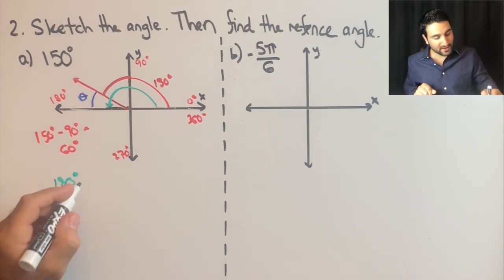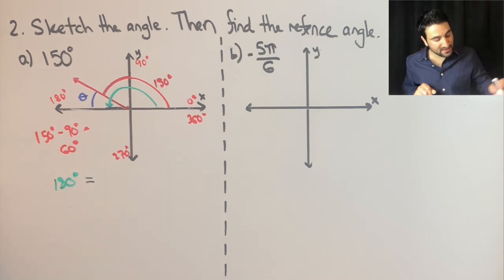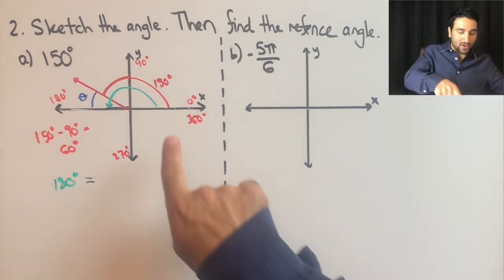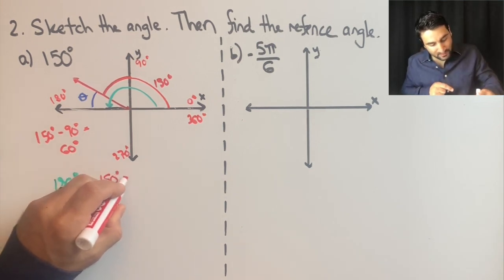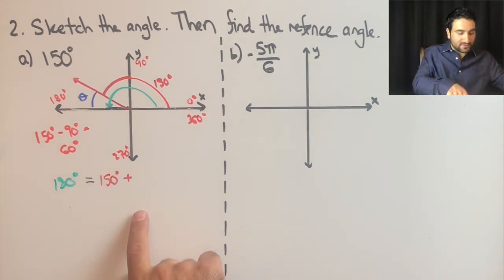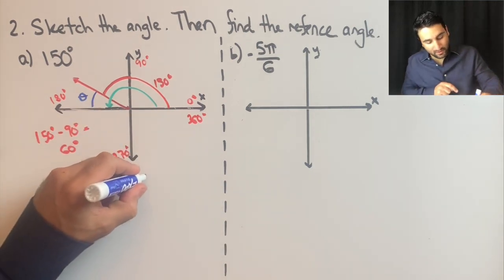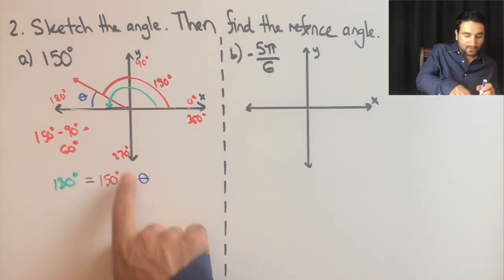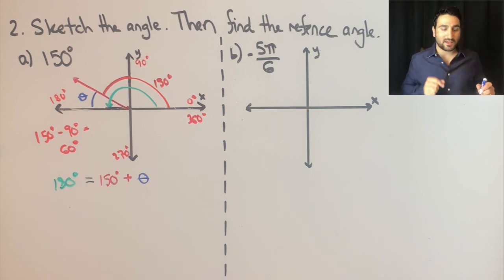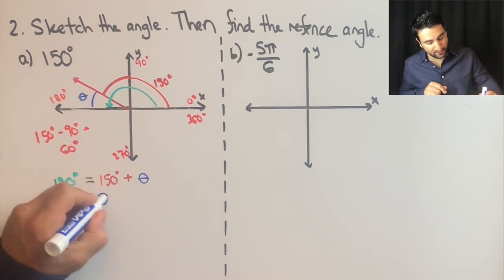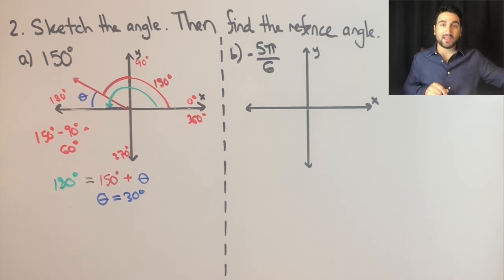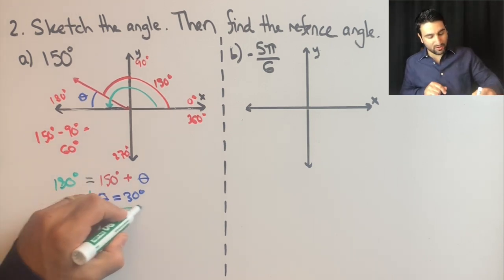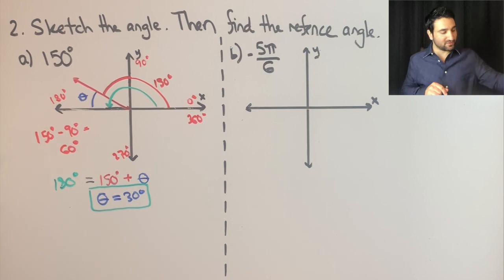If we think about that, that is equal to our two parts, our 150 plus our reference angle. So we just need to figure out what that slice is. And if you did the math, you'll figure out that theta is 30 degrees. And that's the answer to this problem for the reference angle. It's as simple as that.